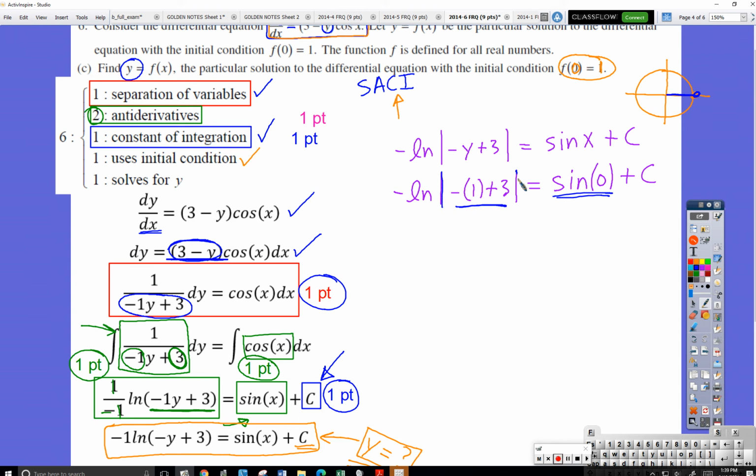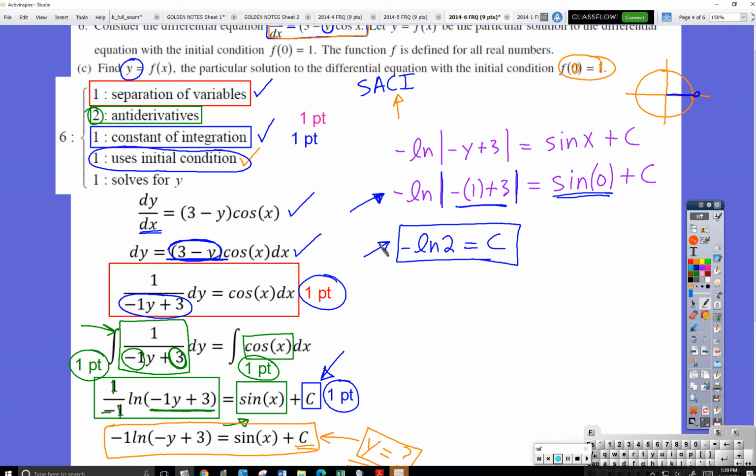Absolute value of positive 2 is 2. So my value for c is the negative natural log of 2. That will earn me this point right here. You actually get that point just for plugging in correctly, like that. So now I found c.